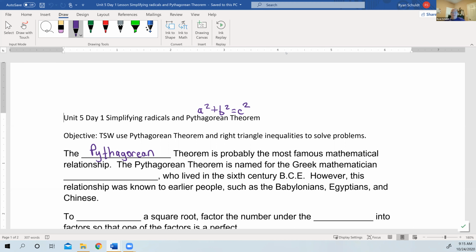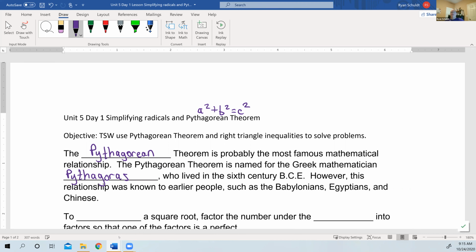You may not remember anything else, but you remember that because it's probably the most famous mathematical relationship. And it's named for the Greek mathematician Pythagoras, who lived in the 6th century BCE.